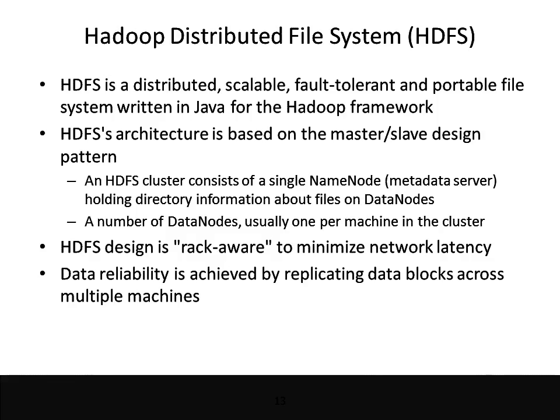This is also used for fault tolerance in the sense that multiple copies of data are kept. And one of those copies is kept in the same rack so that it's available with low latency if there's a failure. And another copy is kept outside of the same rack so that if there's a rack failure, which could occur because maybe a router goes down or some local failure happens, there's an additional level of resilience.